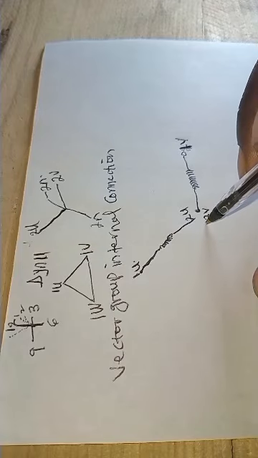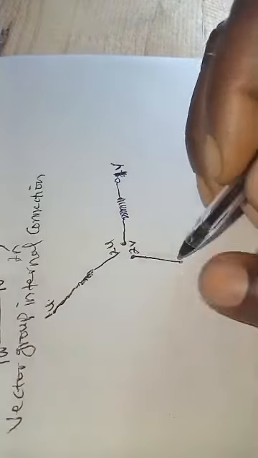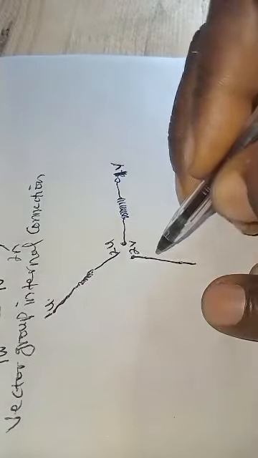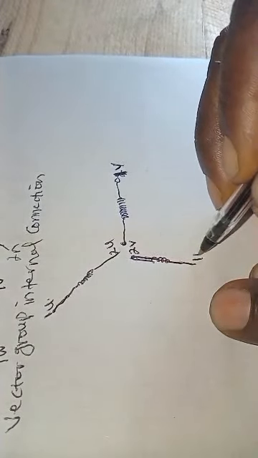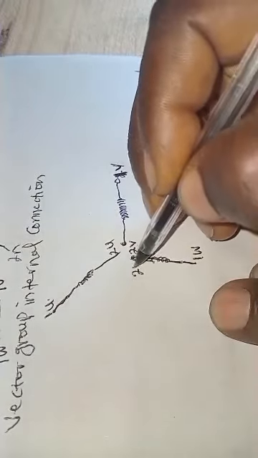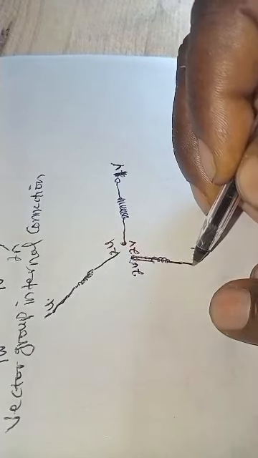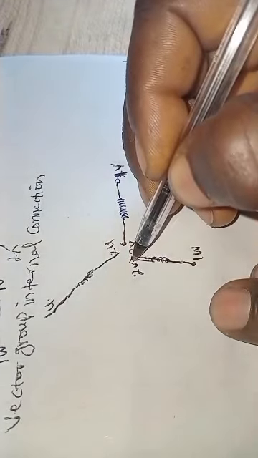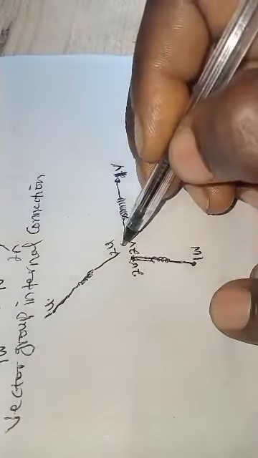So I have this as 1W, 2W. All these are windings. This is the starting of the coil, and this is the end of the coil. Starting of the coil, the end of the coil.